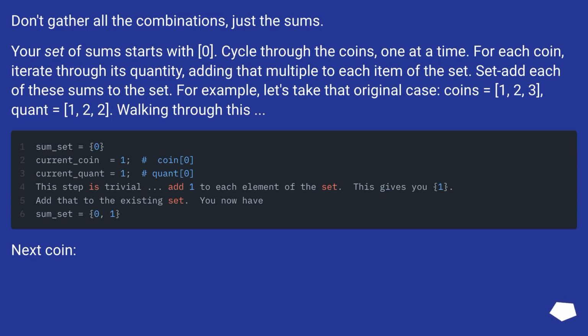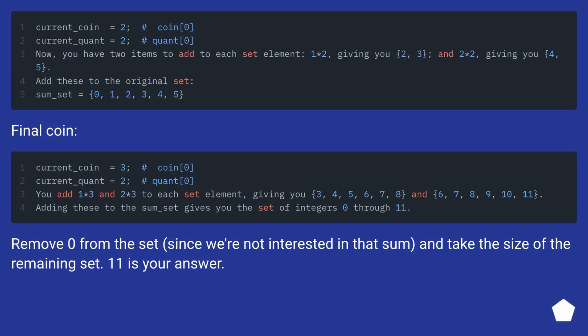For example, let's take that original case, coins equals 1, 2, 3, quantity equals 1, 2, 2. Walking through this. Next coin. Final coin.